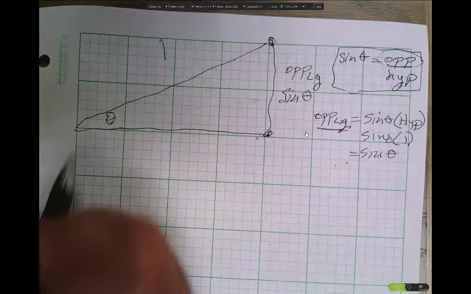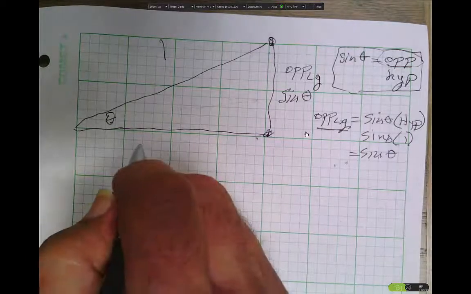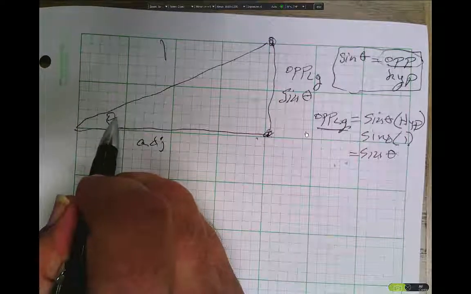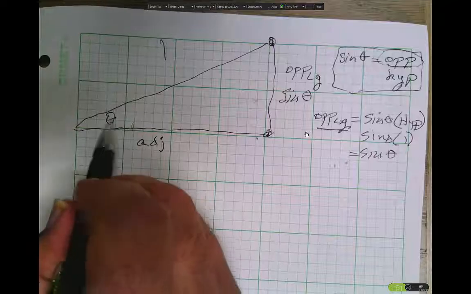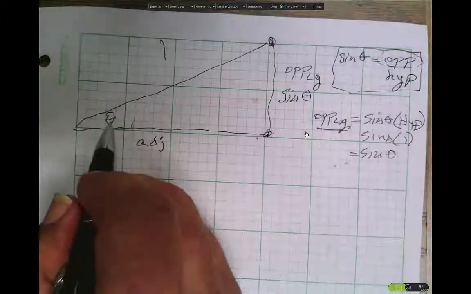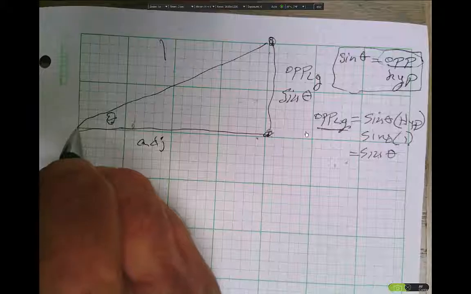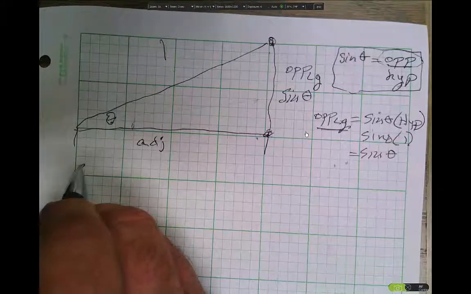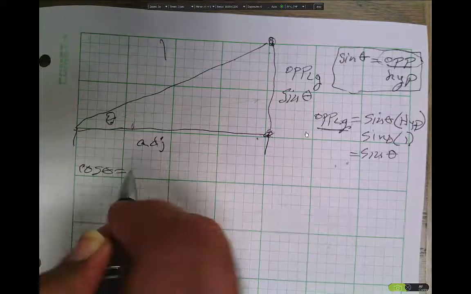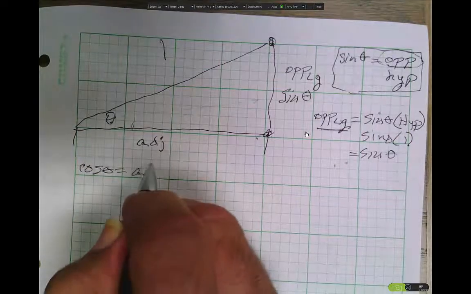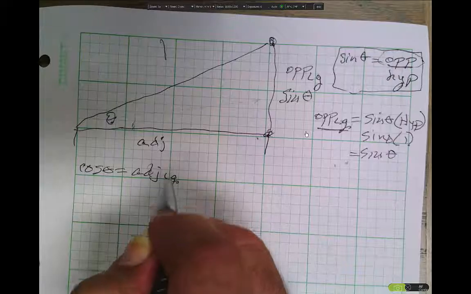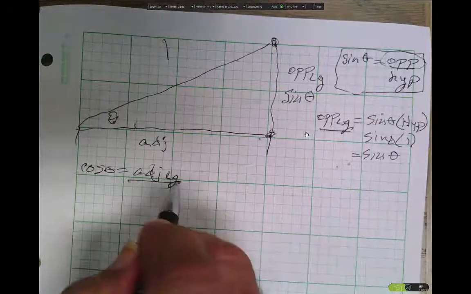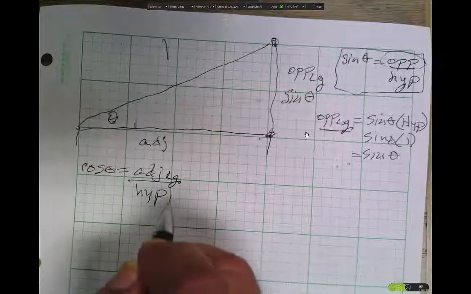Okay, so treating this side over here the same way, I'm going to call it the adjacent side, because in trigonometry it is defined to be the side adjacent to our angle, wherever we have put our angle. So I'm going to write down the definition of cosine. I'm going to put adjacent sub LG for large divided by the hypotenuse sub LG.